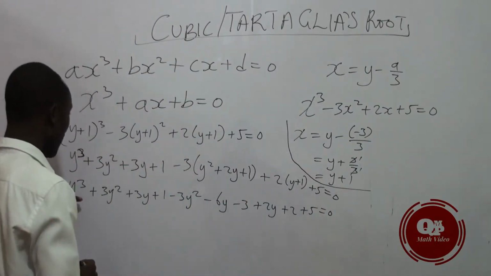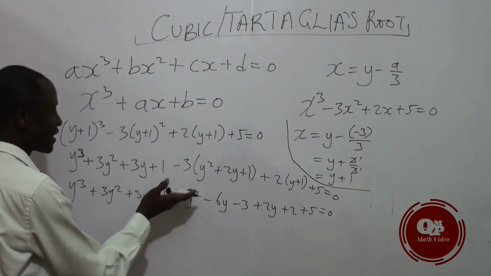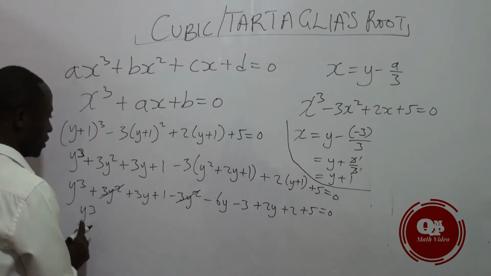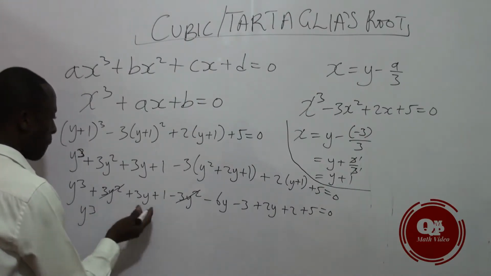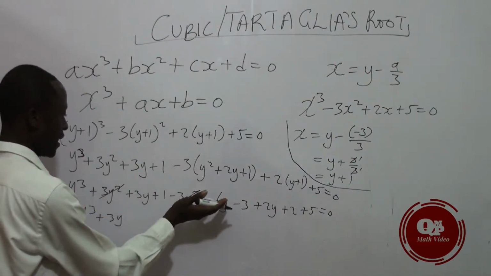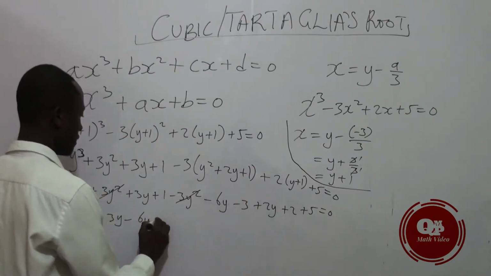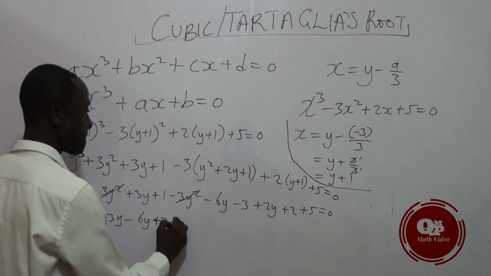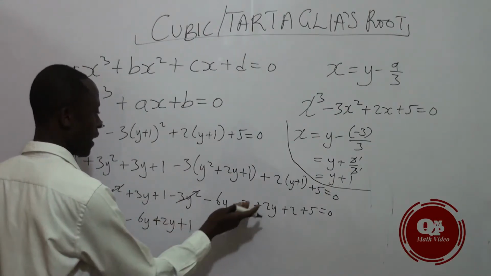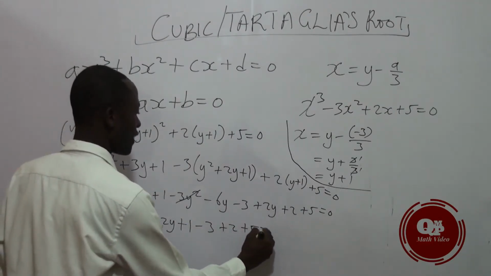We have only 1y cubed. Now you have 3y squared and then negative 3y squared, so they cancel. So now you have y cubed and then plus 3y minus 6y plus 2y, and then plus 1 minus 3 plus 2 plus 5, that gives us 0.